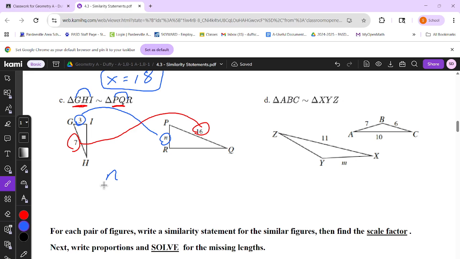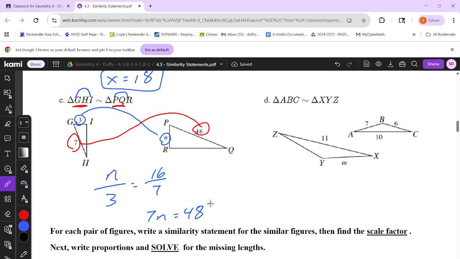If I do N over 3, right over left, then I have to set that equal to 16 over 7. Cross multiply, and we're going to get 7n equals 48.